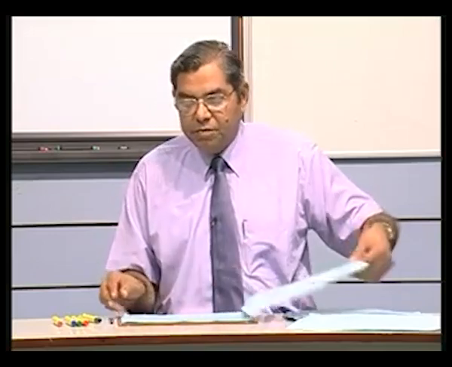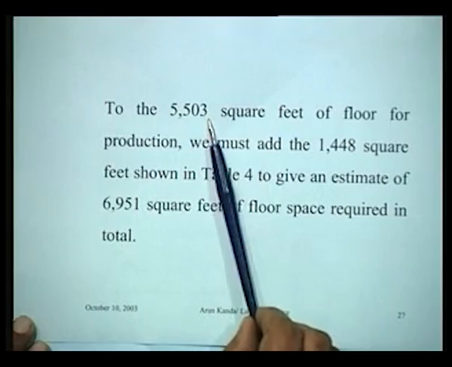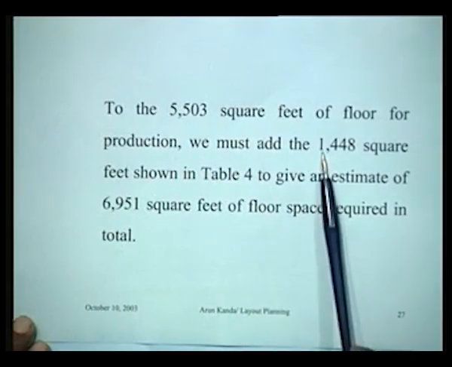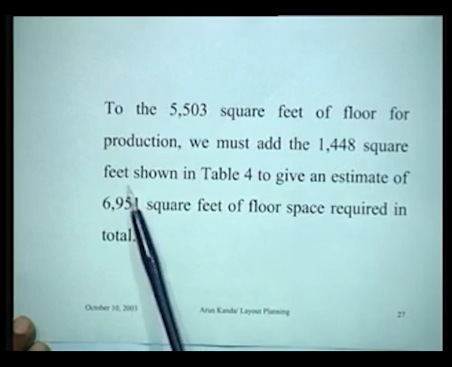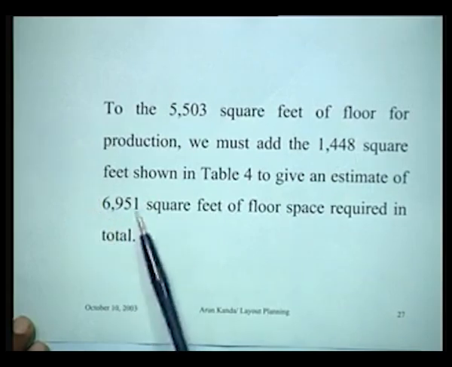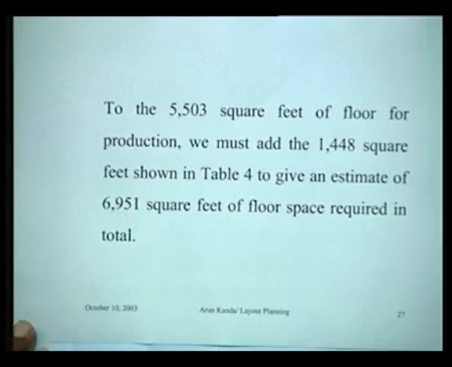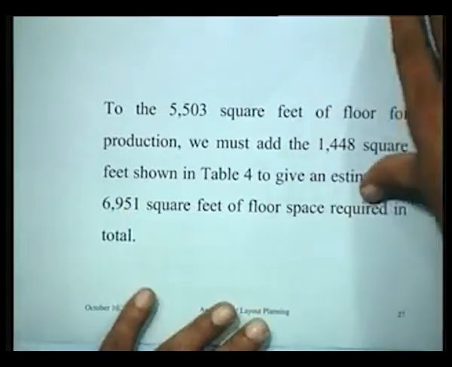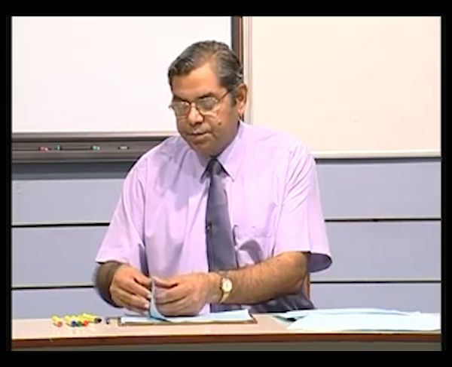So we'll have to add to the earlier production area 5503 this additional space of 1448, and get the total requirement of 6951 square feet of floor space required in total. So this is the activity involved in calculating the space from the production requirements and the non-production requirements.